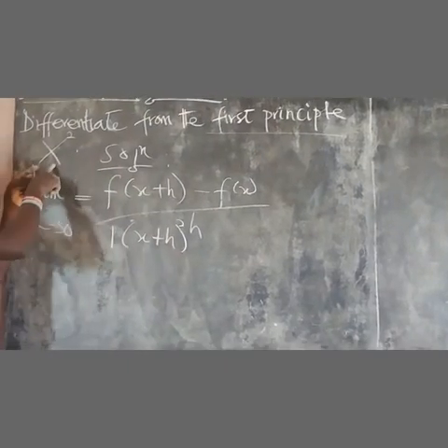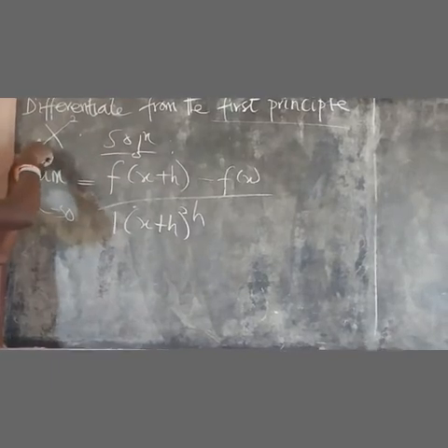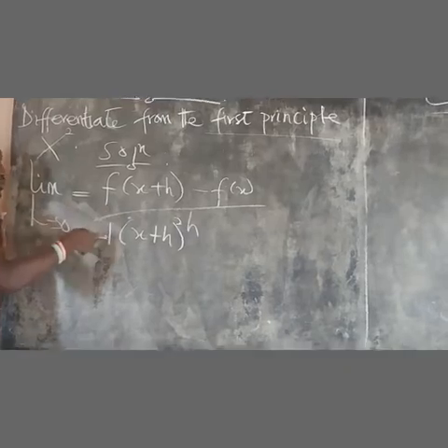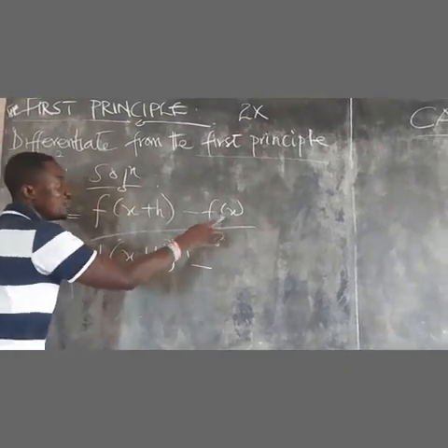We are done with the first part. We are rewriting the term. So we have x squared, and the coefficient of this is 1, so 1 times x plus h squared. Then you bring minus f of x.